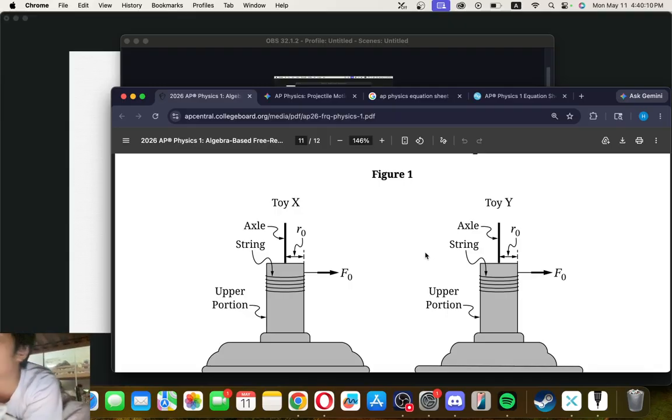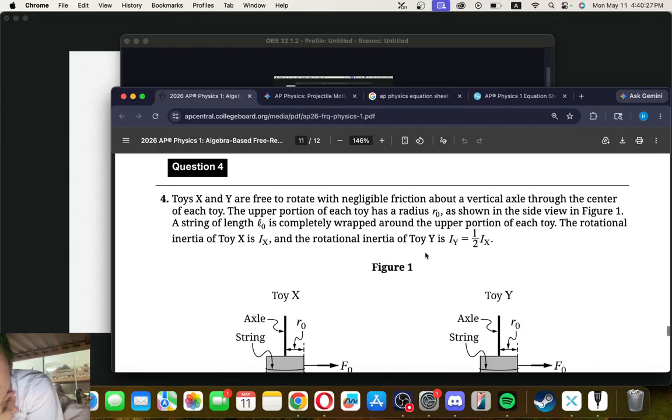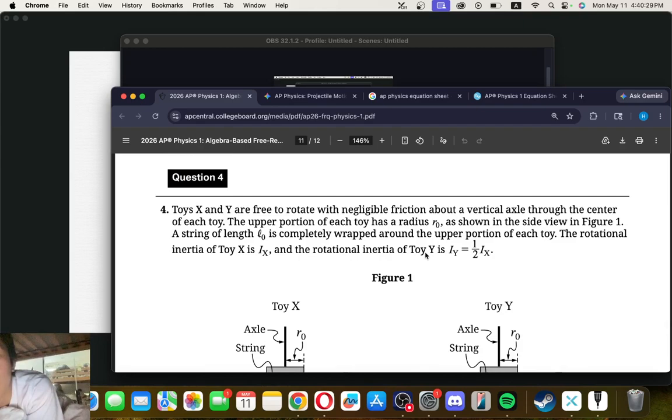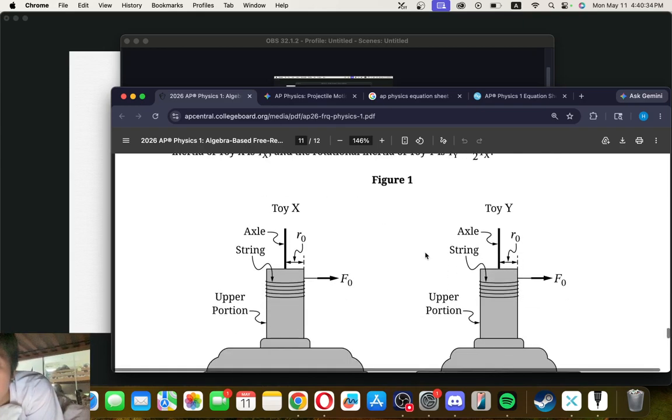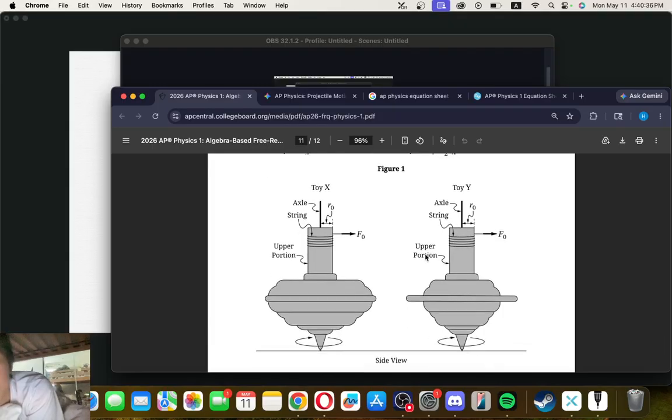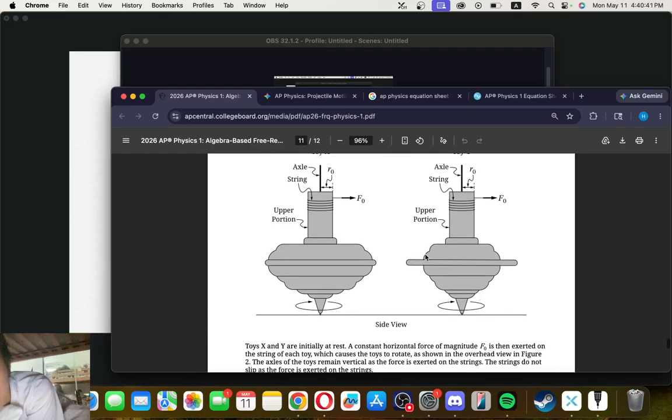So the work is F and LO, or no. With the work, yeah, the work would be RO, not LO, I think. Does the string length even matter? I don't think it does, because it's always being pulled LO from the axle, so I don't know.